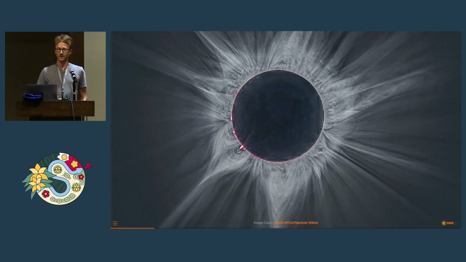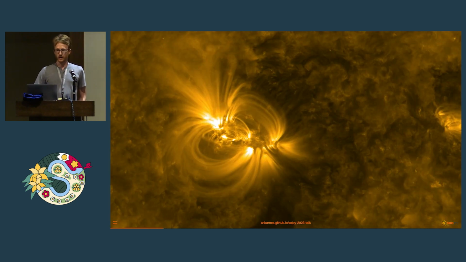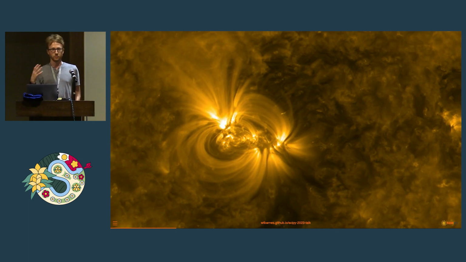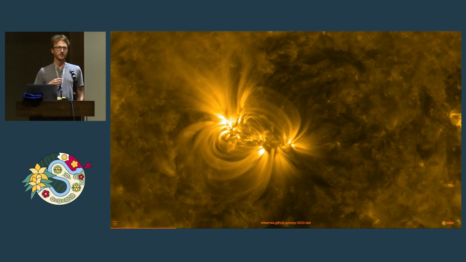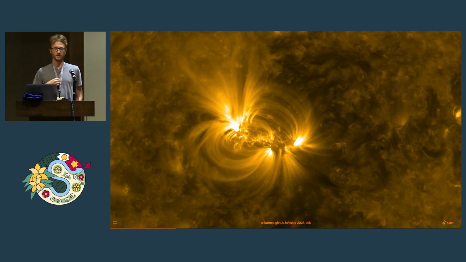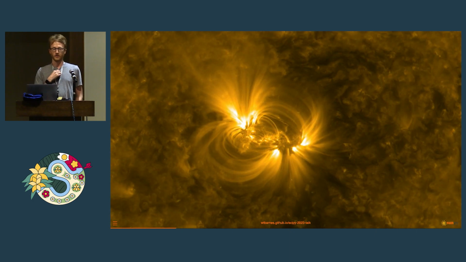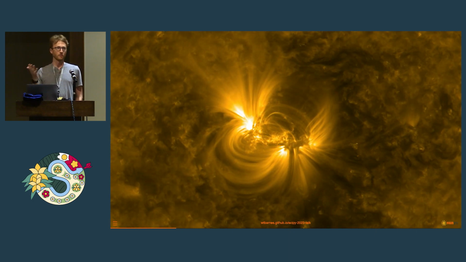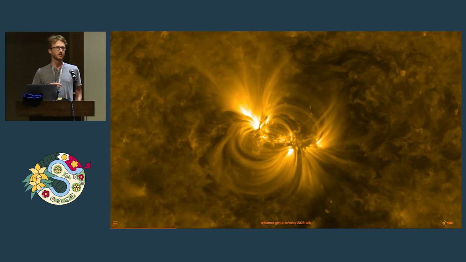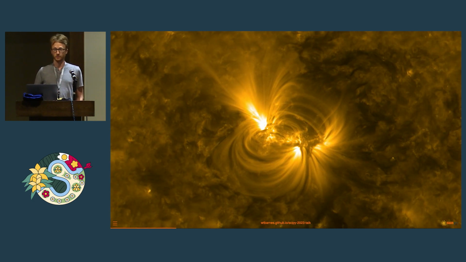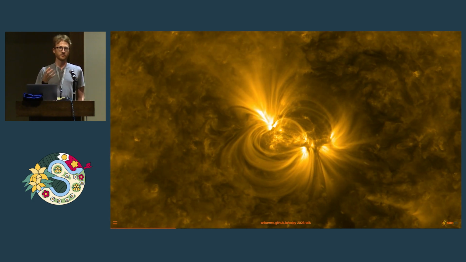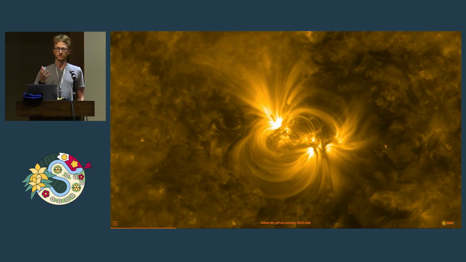A lot of the clues to this problem lie in the magnetic field of the sun. What we've discovered over the past 70 or 80 odd years since this effect was first discovered is that the magnetic field of the sun really holds the keys to this puzzle.